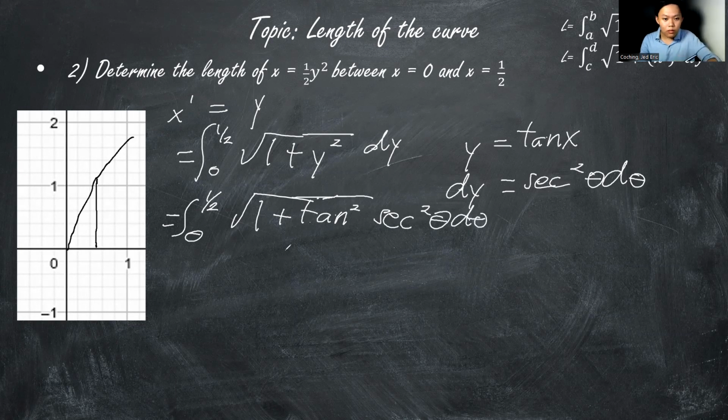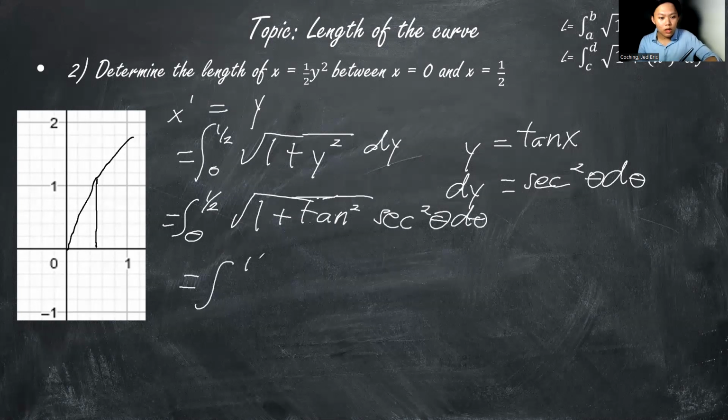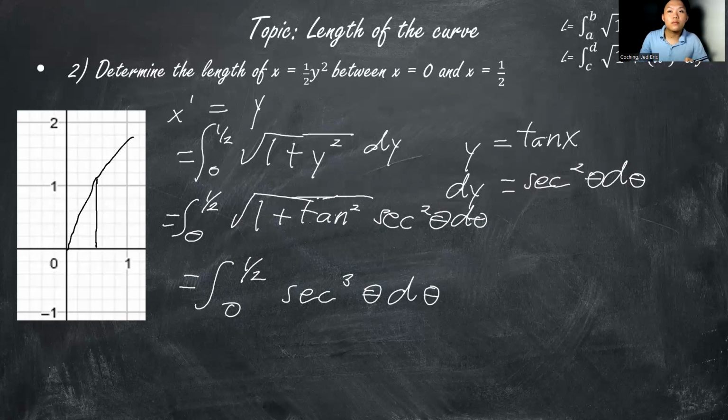Okay, 1 plus tan squared is just going to become secant squared. So it will become the integral of 1/2 from 0 of secant, the square root of secant squared, so secant raised to 3, d theta.